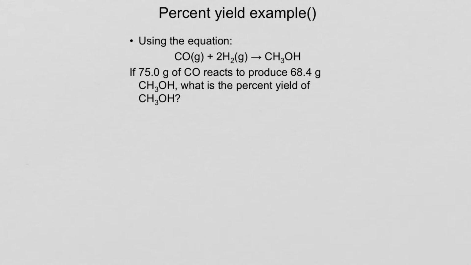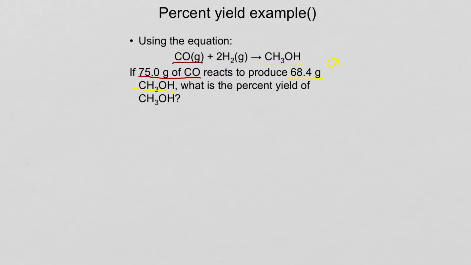So looking at this example, I have 75 grams of carbon monoxide producing so much of the product. Students will often look at this and think it's a limiting reactant problem. However, what you should notice is the fact that this is a reactant and this is a product. So it's already telling you that this reacts to produce it.